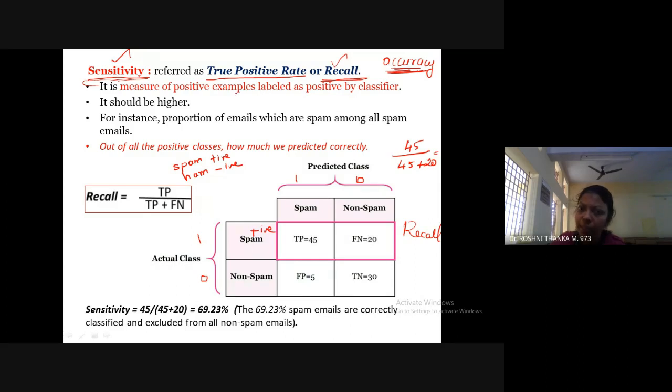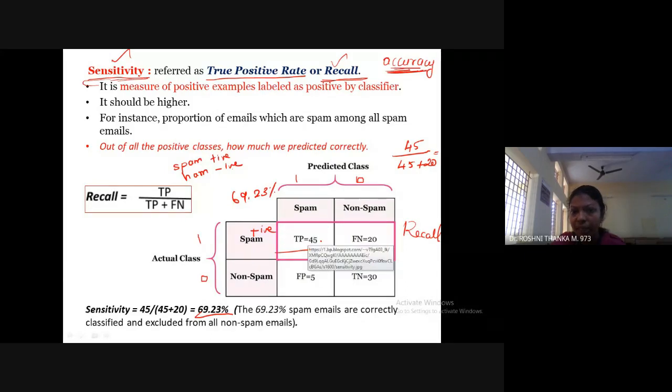So what does it mean? Out of all total positive classes, only 69.23% are predicted correctly. Only 69.23% of spam mails are correctly classified, excluding the non-spam. Here we are considering only the spam mails, and in the spam mails, 45 are correctly classified.